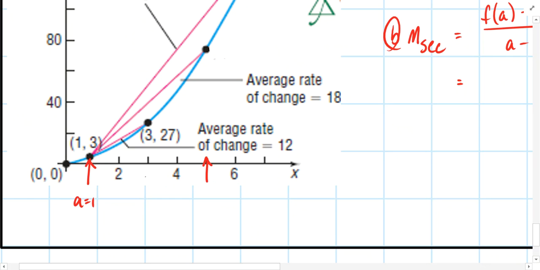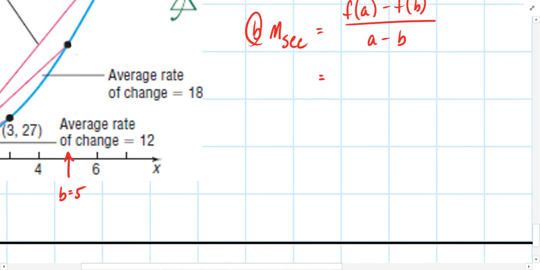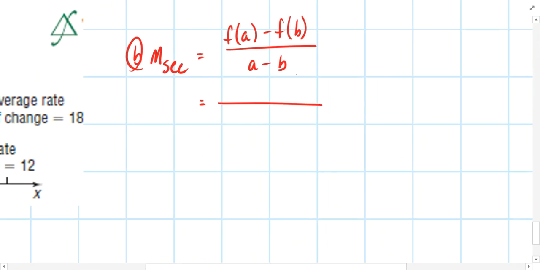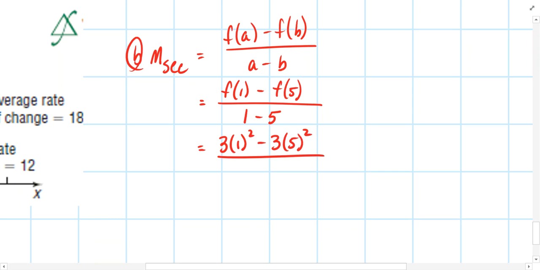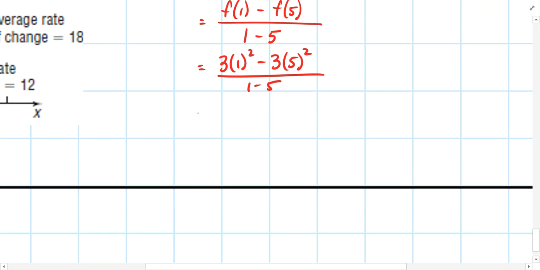So a equals 1, b equals 5, and these are our two x coordinates along the x-axis. So in the denominator I'll take 1 and subtract 5. In the numerator I need to find f of 1, and I need to find f of 5, and that's pretty easy to do since we have a formula. 3 times 1 squared minus 3 times 5 squared, divided by 1 minus 5, will give us our slope of the secant line.